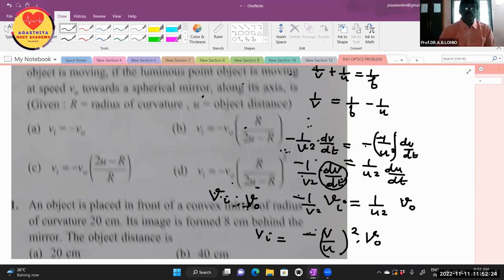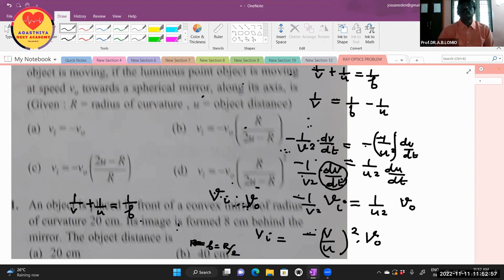Again, let us use the mirror formula: 1 by v plus 1 by u is equal to 1 by f. Since we have to convert that expression in terms of r and u, f is modified in terms of r. We know that f is equal to r by 2, half of the radius. Understand?